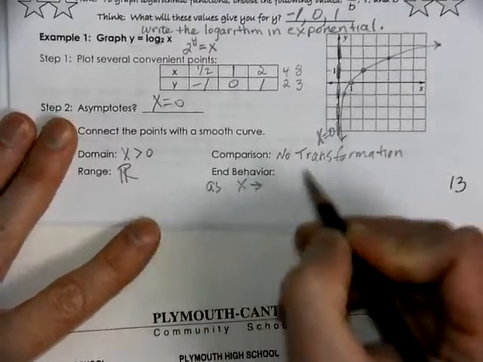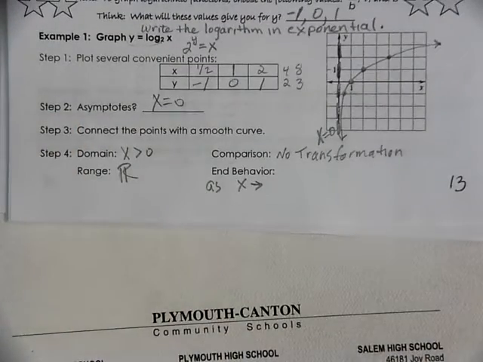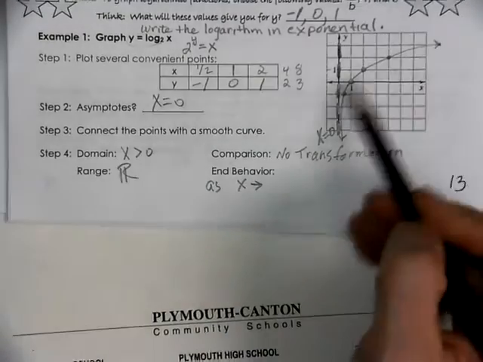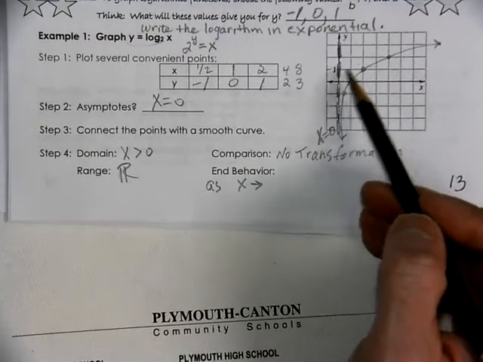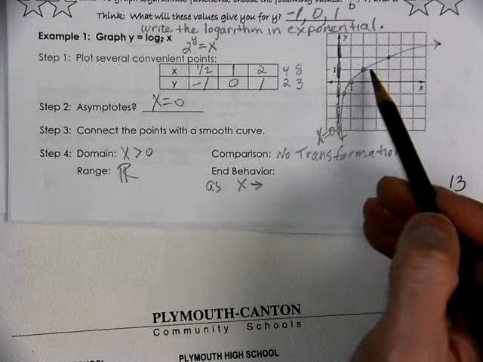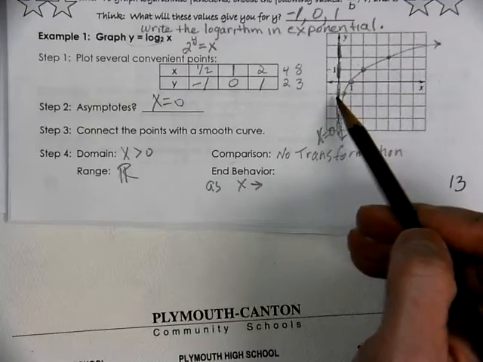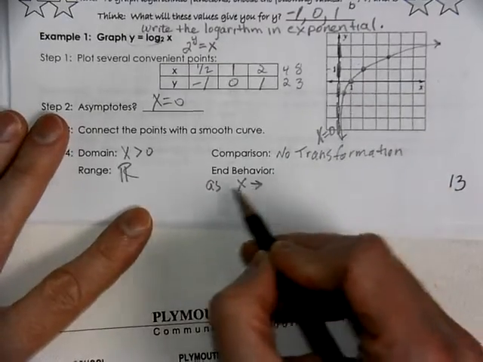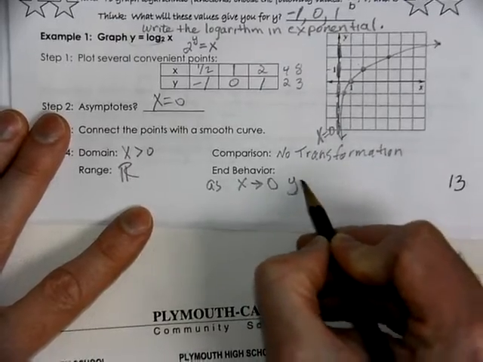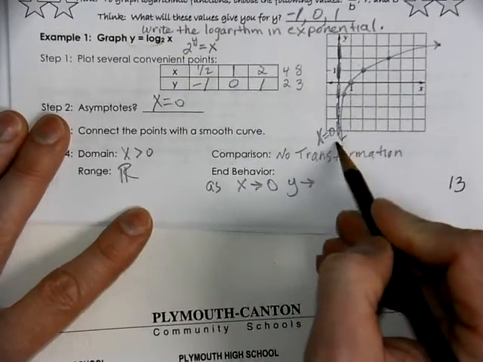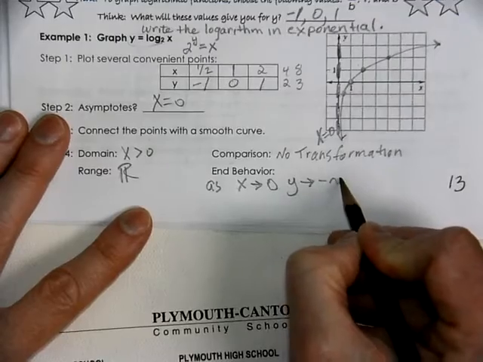As x approaches, we typically talk about when x approaches negative infinity, when it moves to the left. How far to the left can we go? 0. Right, we can't go to the negative numbers. We can't actually ever touch the y-axis. So as x approaches 0, the y value is heading downwards, is going to negative infinity.